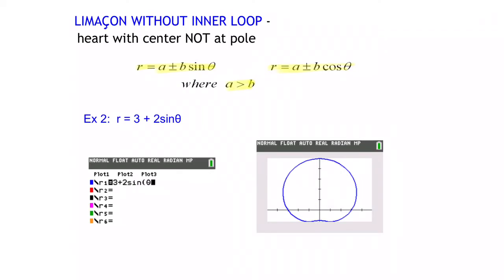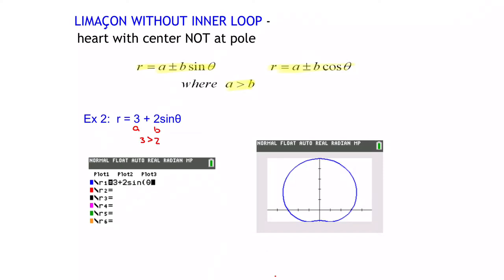So example 2, you can see that r is equal to 3 plus 2 sine of theta, where the 3 represents the a and the 2 is the b. So 3 is greater than 2, so therefore this satisfies the Lemniscate without the inner loop.